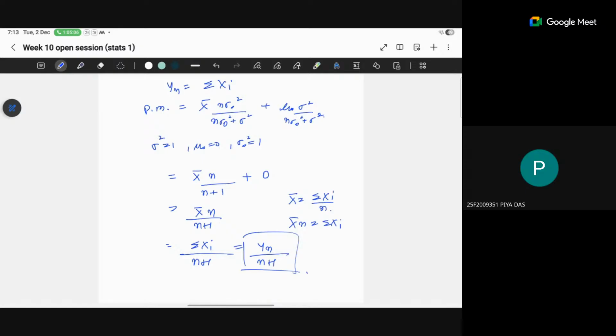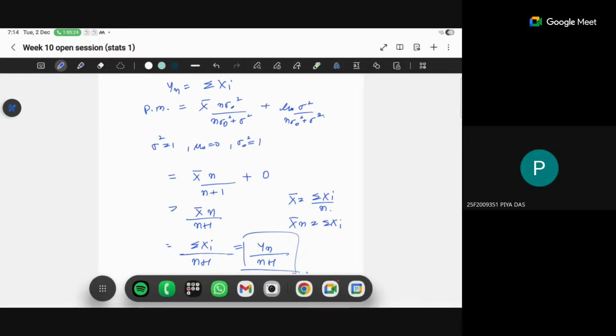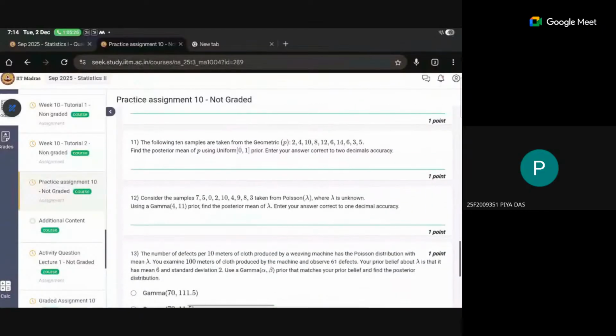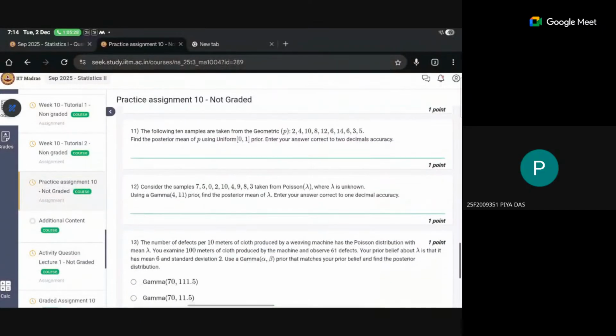So I was going to give you the question. That is one simple question. Question number 12. You guys have to solve question number 12. Can you guys solve it? Same procedure, everything is the same.